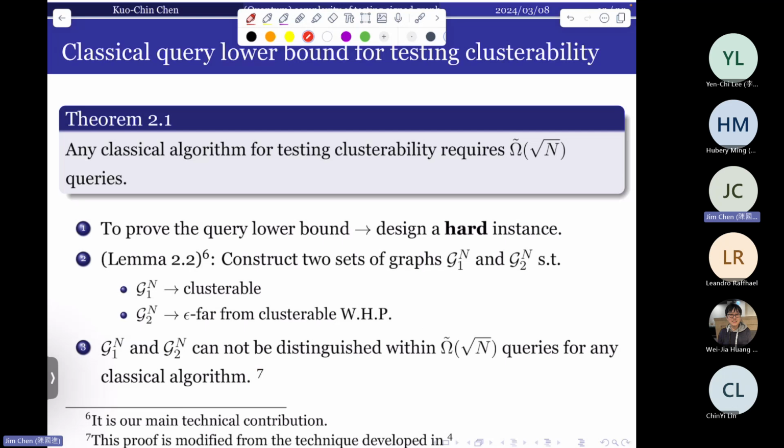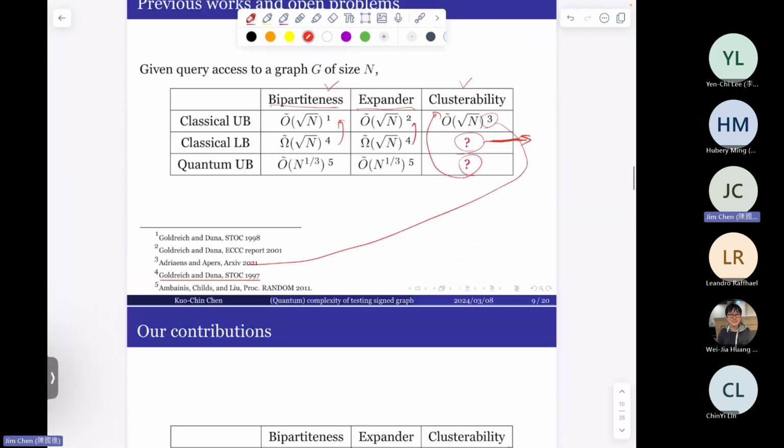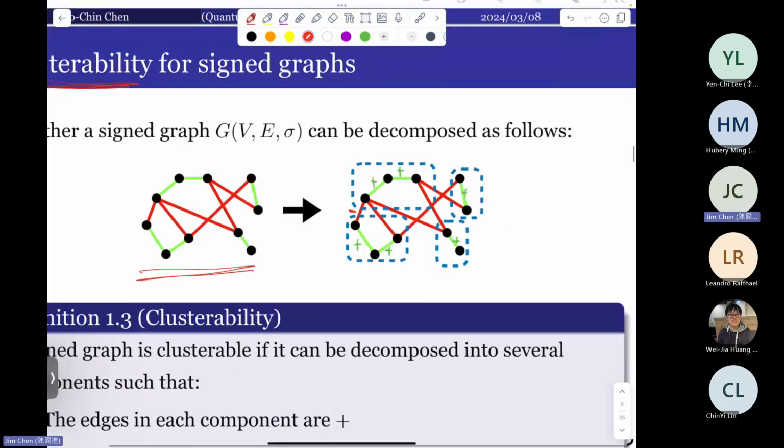So what is a hard instance? If we have two families of graphs, or two sets of graphs, such that the graphs in G1 are all clusterable, which means the graphs in G1 satisfy the property as we have discussed in this slide.